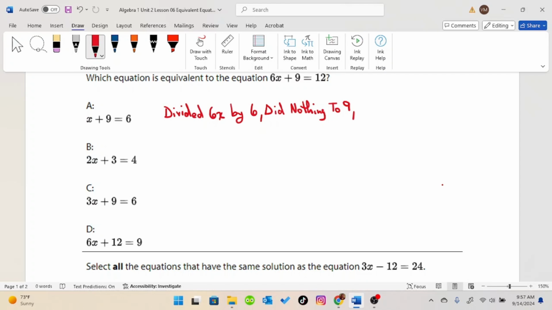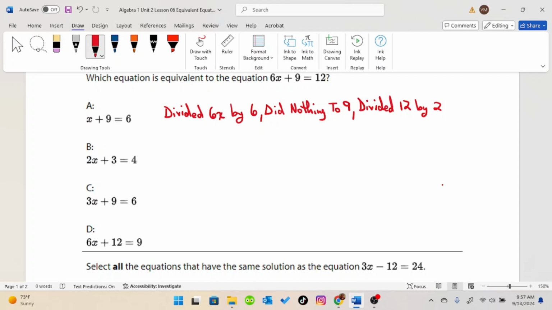And to go from 12 to 6, they divided by 2. They did 3 different things to each part of this equation. So this is not equivalent.